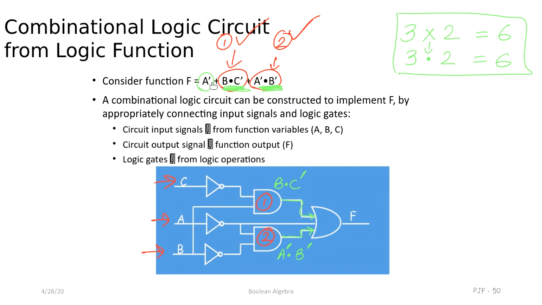So if you look at the function, we have A inverse here. This is our A inverse. So there are three things which you have to add together. So A inverse is coming from here. I will put the green line here. So that's how the three inputs are coming into this OR gate, and finally you are adding all of these three parts together using an OR gate, and this is your final output function, which is the same as here.